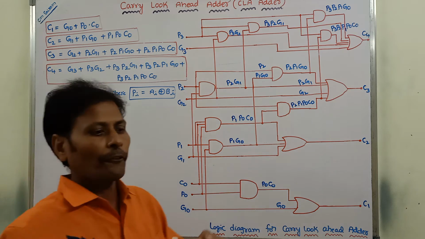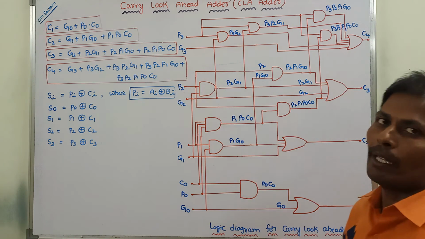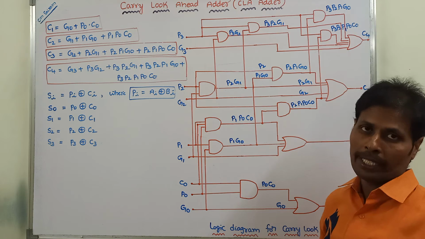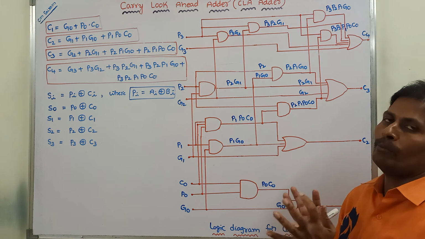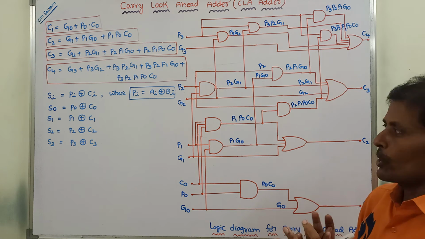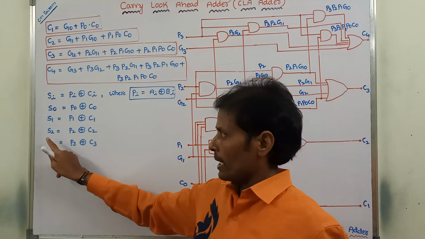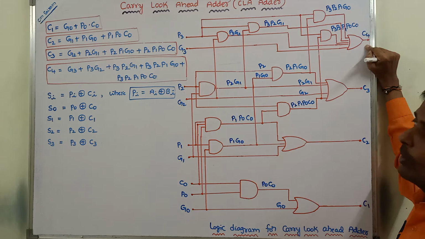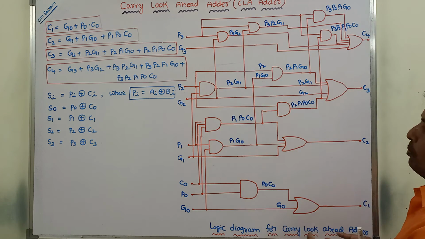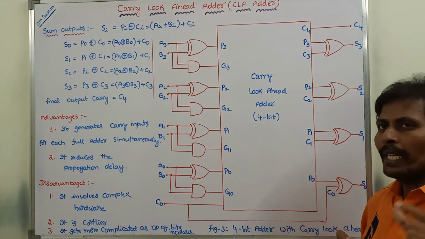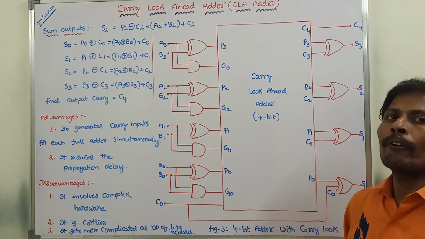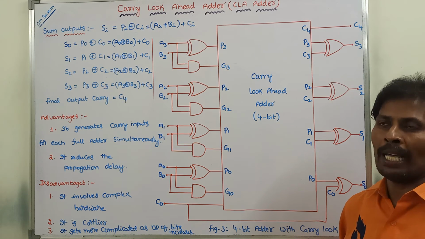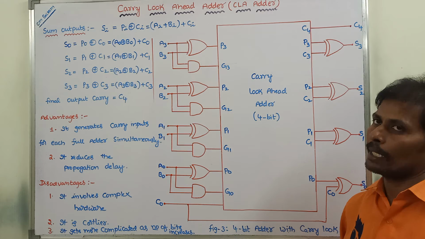Finally, we have to draw the block diagram. In that block diagram, the only outputs are S3, S2, S1, S0 and C4. That diagram can be drawn here. We already saw the 4-bit binary parallel adder, or ripple carry adder, diagram.